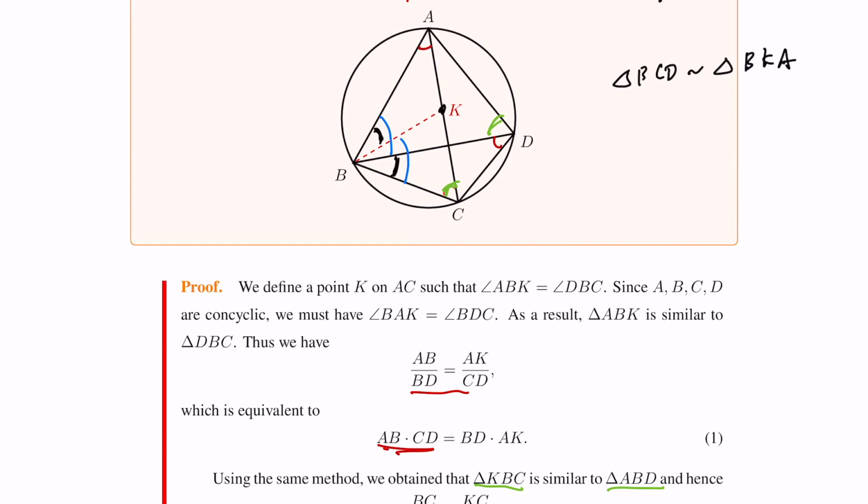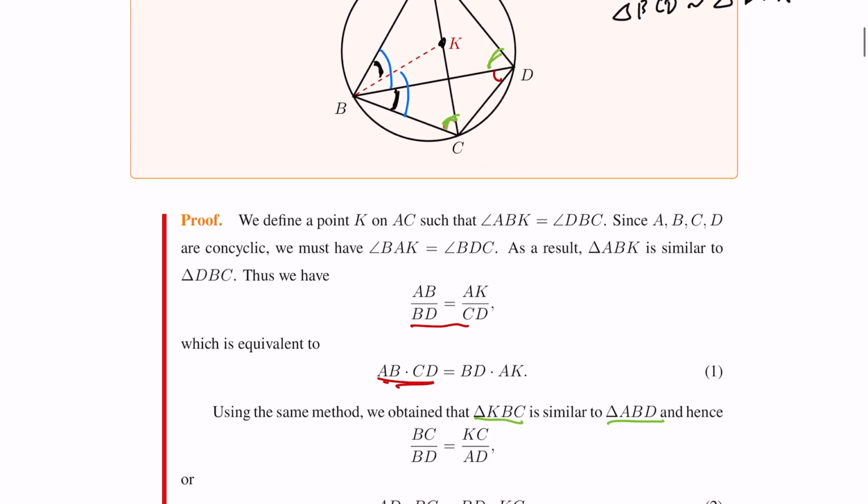Then we have another ratio: BC over BD is equal to KC over AD. Cross multiplying again, we get another product: AD times BC equals BD times KC. Let's add these two up. Then AB times CD plus AD times BC equals BD times AK plus BD times KC.